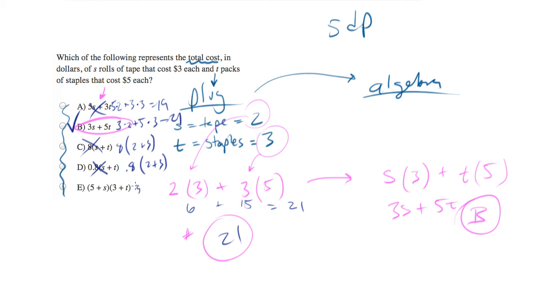And we're going to end up with 5 plus 2 times 3 plus T, which will be 7 times 6 is 42. And that is wrong as well. So that's 2 different methods to get the answer. My favorite being halfway with plug, bail to algebra. I think that'll be the fastest way.